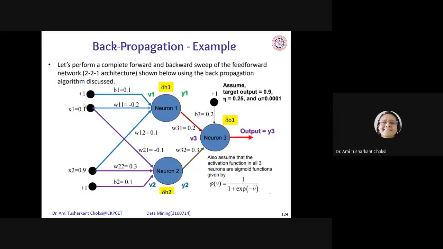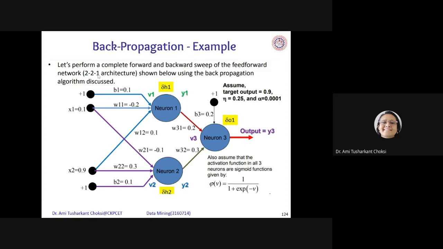Let us perform complete forward and backward sweep of the feed forward network. What do we say? Is 2 to 1. What is 2 to 1? 2 input layers, 2 hidden layers and 1 output layer. 2 to 1 architecture means 2 input layers, this X1 and X2, 2 hidden layers, that is neuron 1 and neuron 2, and dash 1, that means one output layer is there.